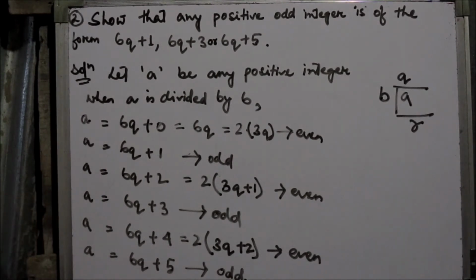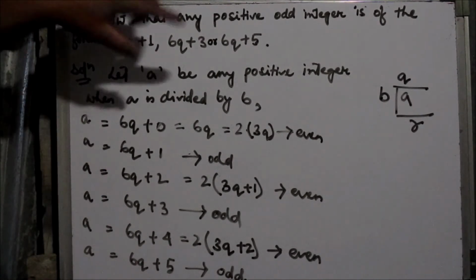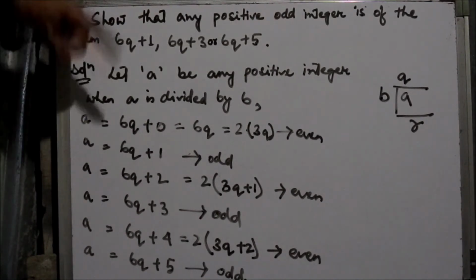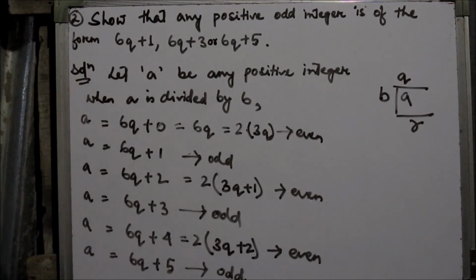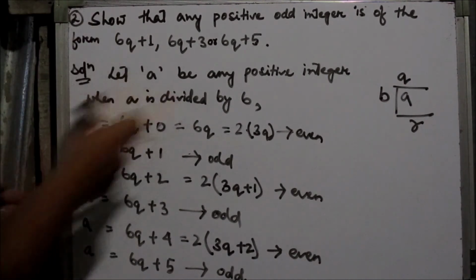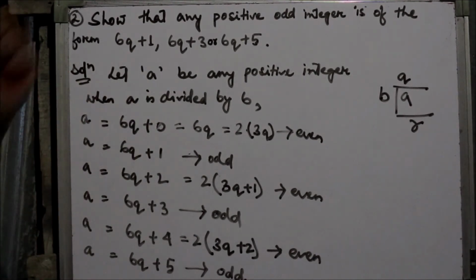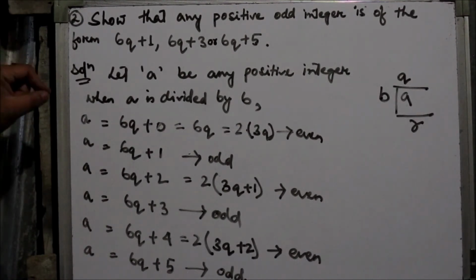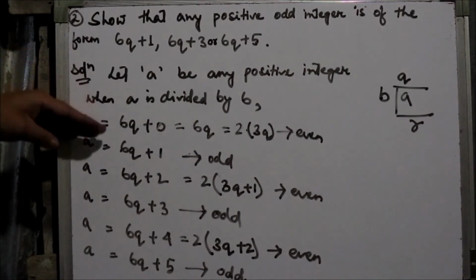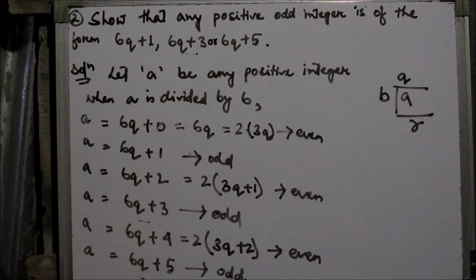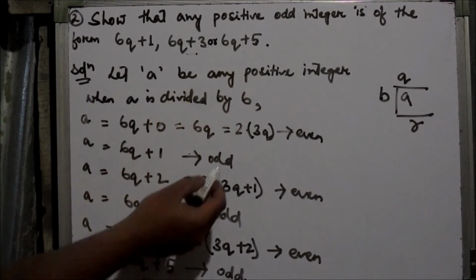So we have seen that when a, any positive integer, is divided by 6, it may be in the form 6q, or 6q plus 1, or 6q plus 2, or 6q plus 3, or 6q plus 4, or 6q plus 5. But we have seen that when it becomes 6q plus 1, 6q plus 3, 6q plus 5, it is odd.